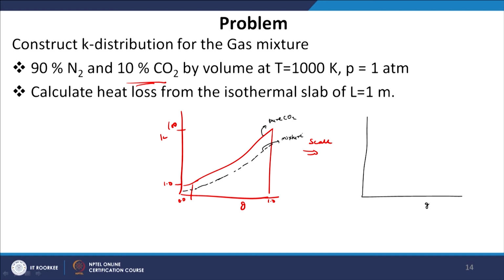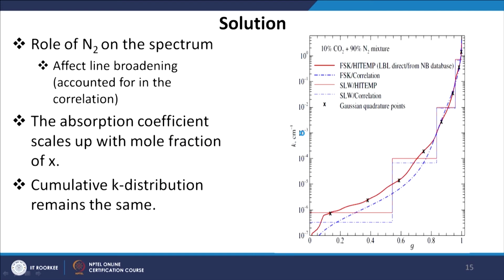Now, I have shown you the K distribution calculated from this. The blue curve shows the K distribution evaluated from the correlation, and this is the actual K distribution. We see that for very low values of K the agreement is not good, but for large values of K the agreement is pretty good.